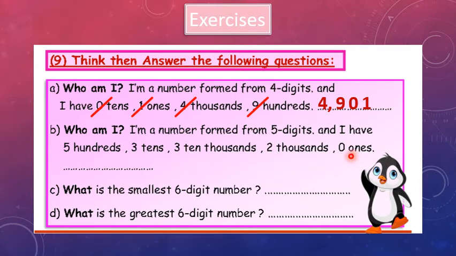Let's arrange these digits from the biggest place value. Here we have 3 ten thousands, 2 thousands, 5 hundreds, 3 tens, and 0 ones. This number is called 32,530.